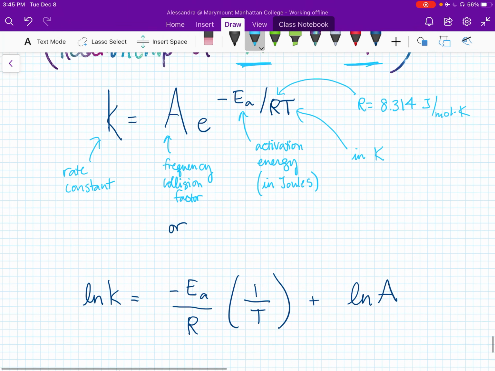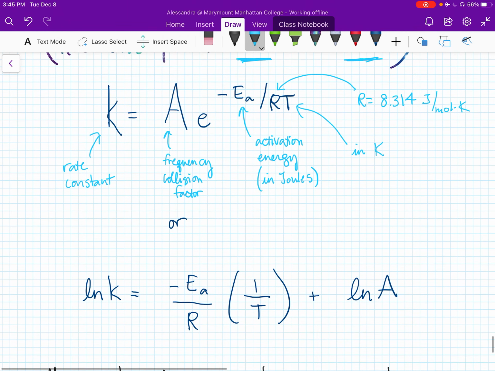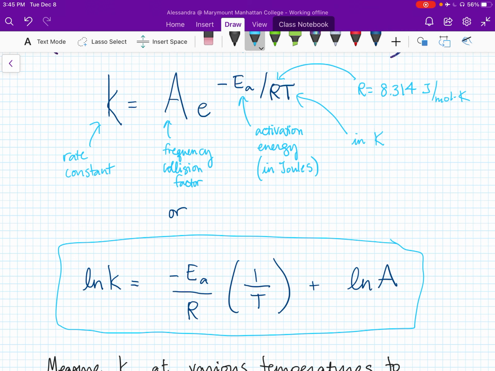So here's another version of the Arrhenius equation, just rearranged in a certain way so that it's in the form of y equals mx plus b, where x is 1 over T, 1 over the temperature, y is the natural log of the rate constant, and the slope m is equal to negative EA over R. The y-intercept is the natural log of the frequency collision factor here. So now we're starting to get to a more useful form of the equation.